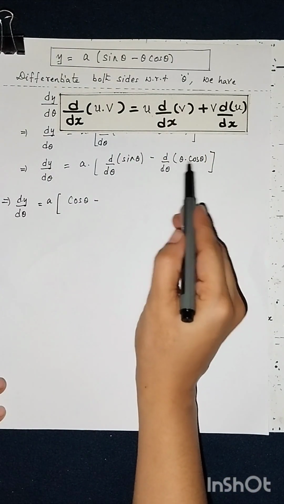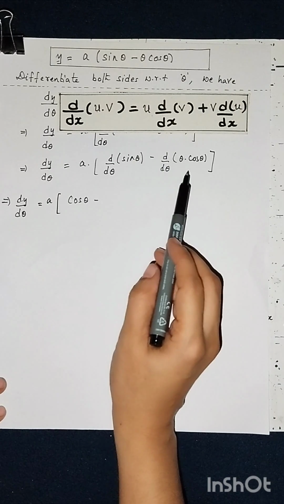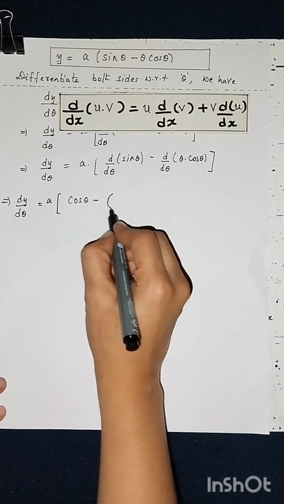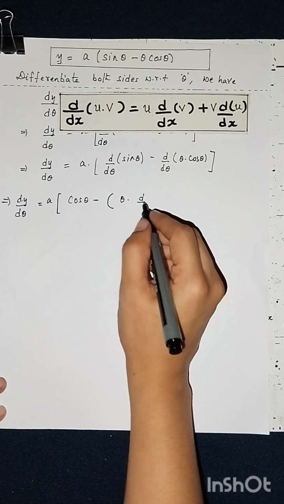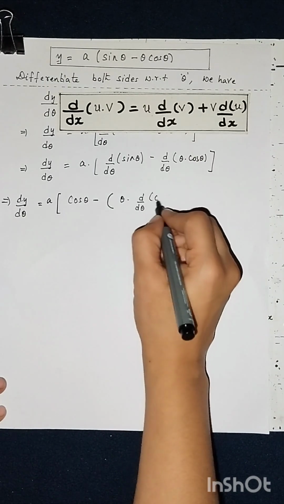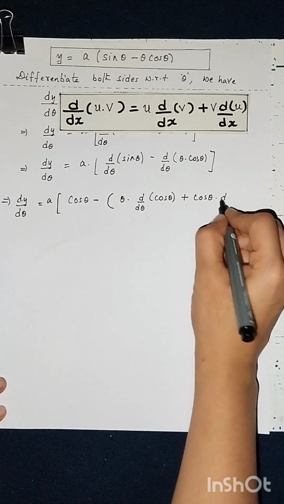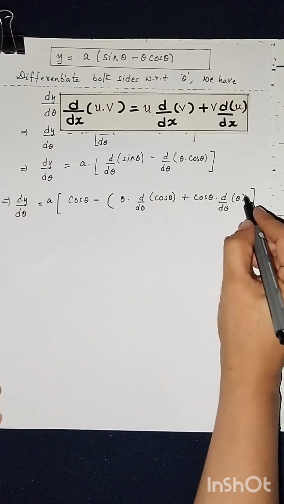So this is u and this is v. But we have to be careful because here we have a minus sign, so we'll put the brackets and we will write theta into d by d theta of cos theta plus cos theta into d by d theta of theta.